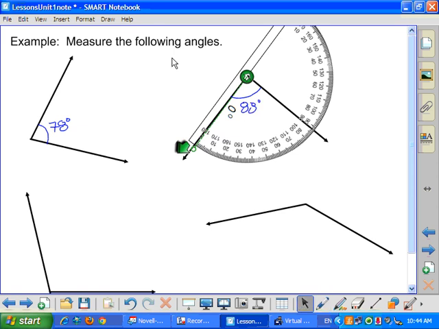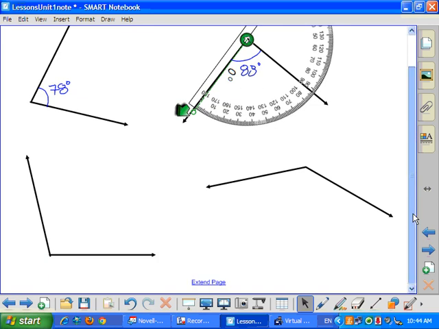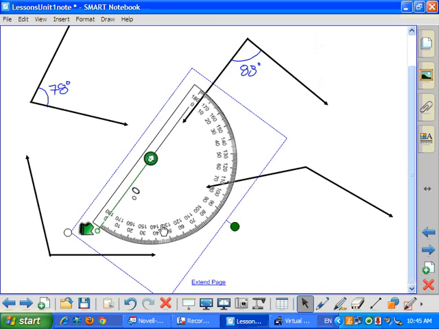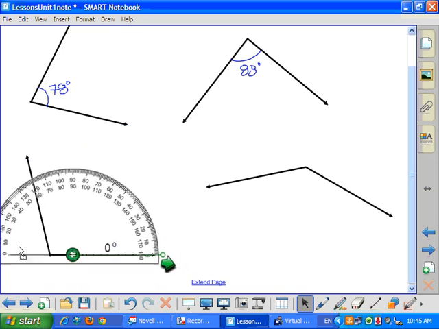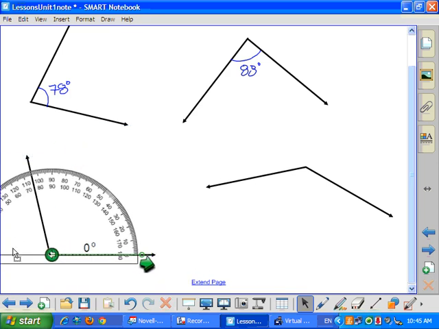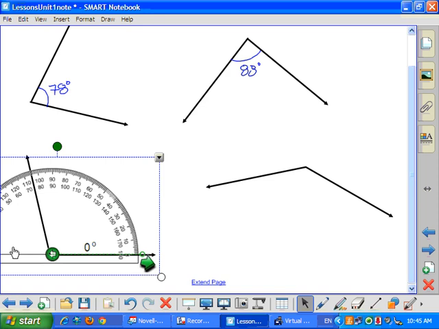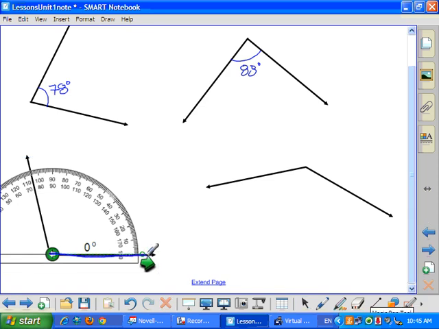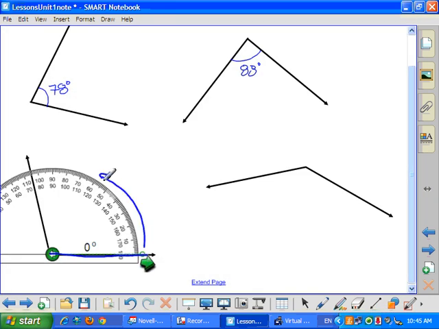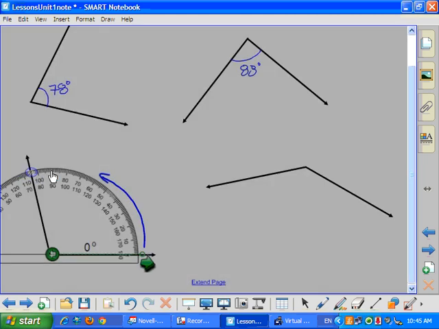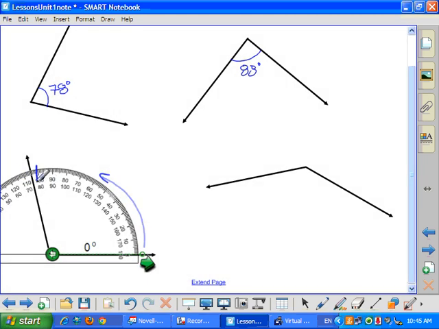All right, moving along. I'm going to flip my protractor around and get it on that baseline. I'm going to start at 0. I'm going to read this direction, so I want the numbers that are increasing, and I want to read that number right there. I can see there's 100, there's 110, and it depends on your protractor.